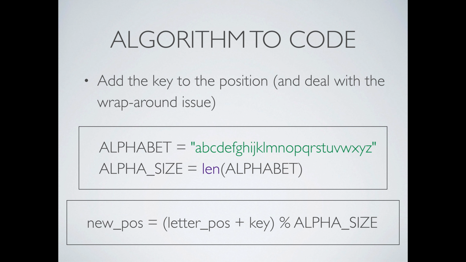This mod basically allows us to wrap around the alphabet, or another way you can think of it is that it wraps around each time you subtract by 26. So that's essentially what the mod is, right? It tells you how many things are left over after you divide by 26. You can think of division as a repeated subtraction by 26.